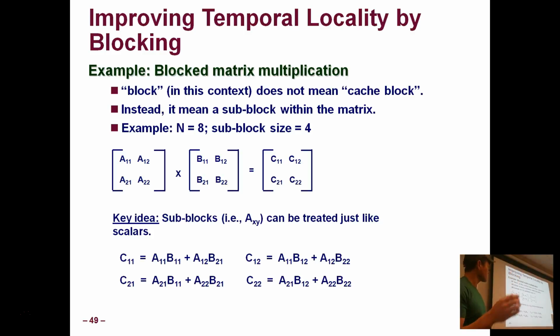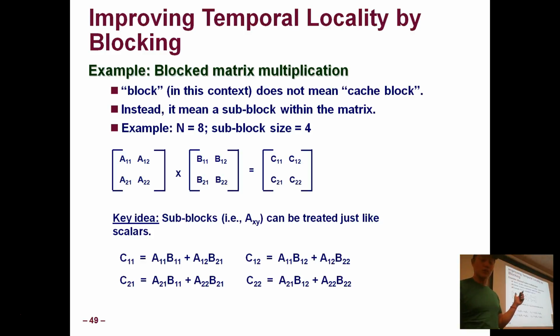So the idea of blocking is to take subsets of the matrix, like A11, A12, A21, and A22, and operate the matrix multiply on subblocks of matrices A, B, and C, and then update within those blocks continuously. Then you can fit the subblocks into memory, do all the operations you need with that subblock, updating the values that you need, and then go to the next subblock. In which case, yes, you can get better cache hit rates. So that's the overall idea of blocking.